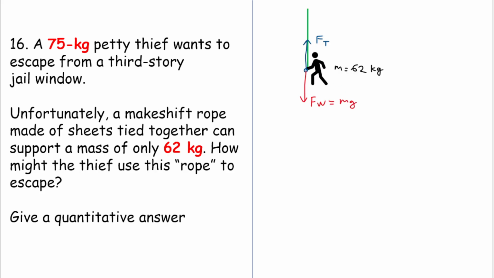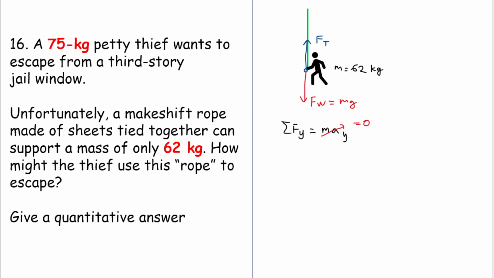Then we can do a Newton's second law analysis in the vertical direction. So I'll have sigma F in the y direction equals mass times the acceleration, and we are assuming that he is standing still, so this equals 0, ay here.